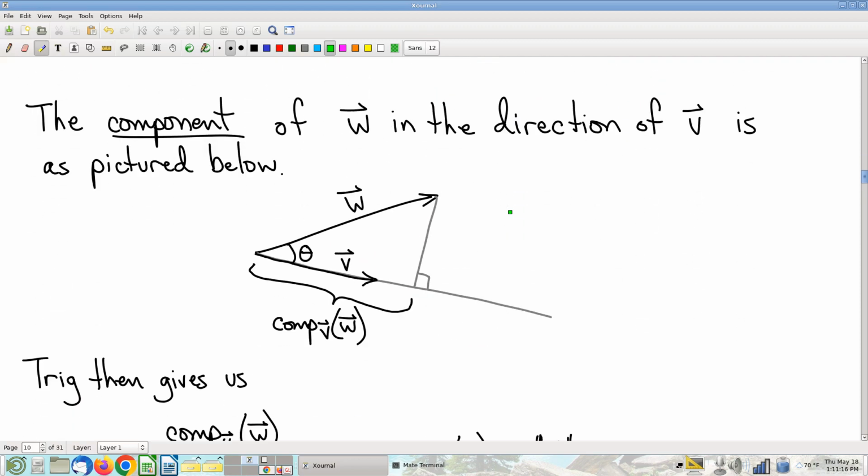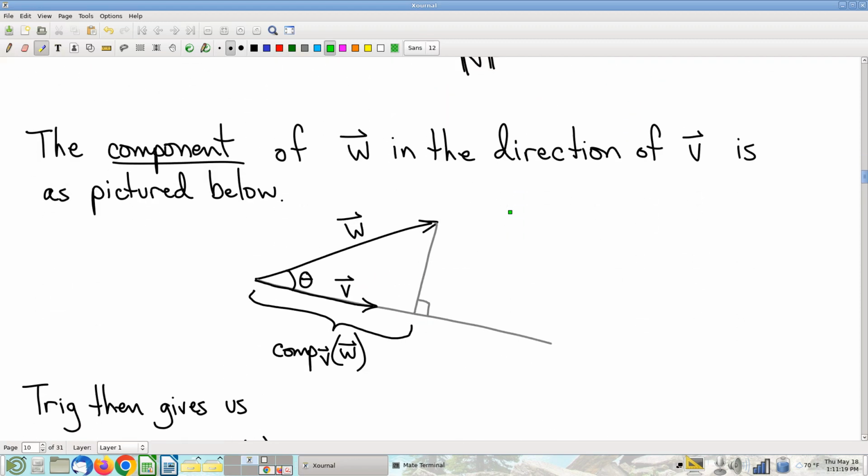Related also to dot products, this idea of a component. Component is something I'm going to motivate geometrically, and we'll write down some formulas. Suppose you've got a vector v, non-zero, of course. That vector v defines a direction.